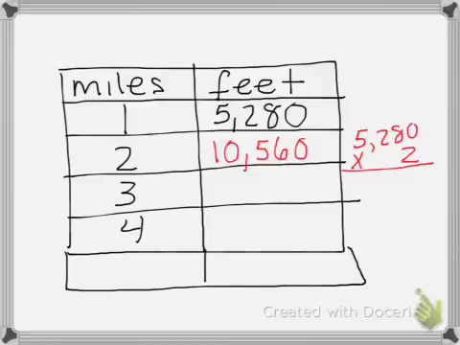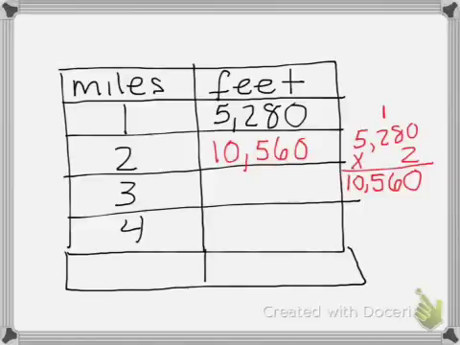I can multiply through. 2 times 0 is 0. 2 times 8 is 16. 6 tens, carry my 100 at the top. 2 times 2 is 4, plus my 1 is 5 hundreds. 2 times 5 is 10, and I can just bring it down because we don't have another one.